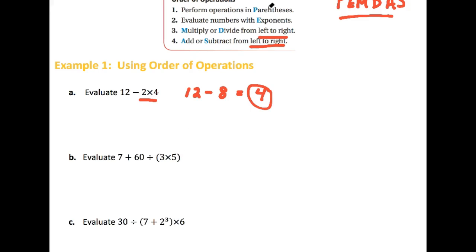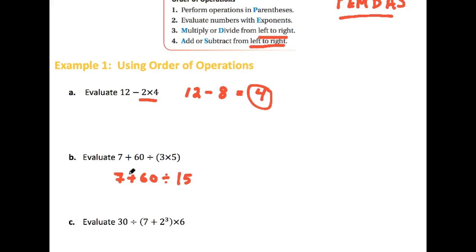Moving down, part B, evaluate 7 plus 60 divided by (3 times 5). So look, I have parentheses in this one, so I start there. That means everything else stays the same for a minute. So you have 7 plus 60 divided by 3 times 5, which is 15. Now, we have 7 plus 60 divided by 15.